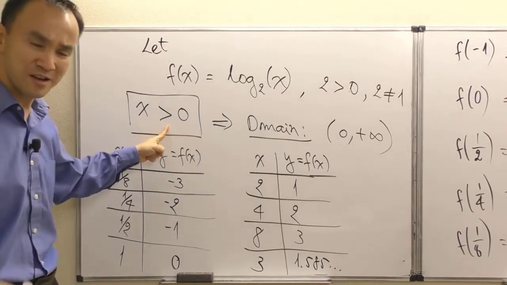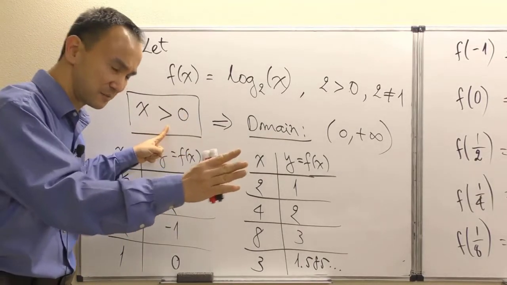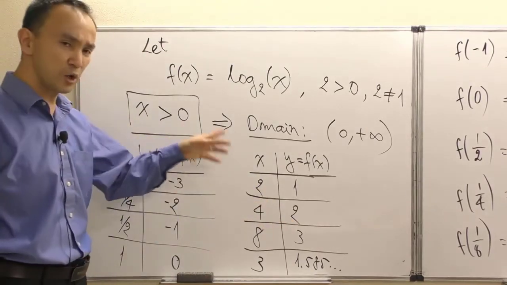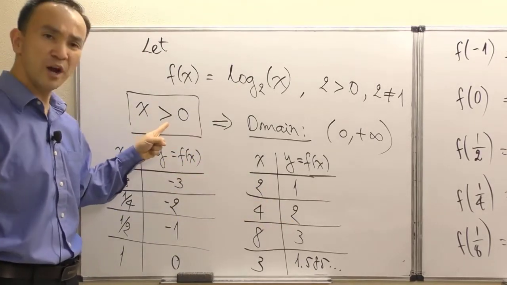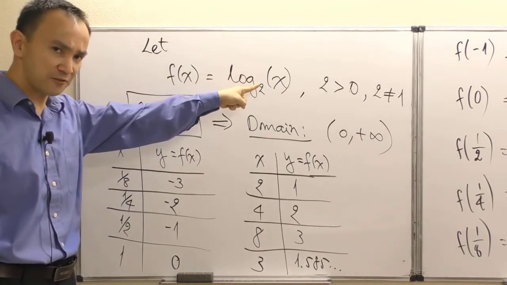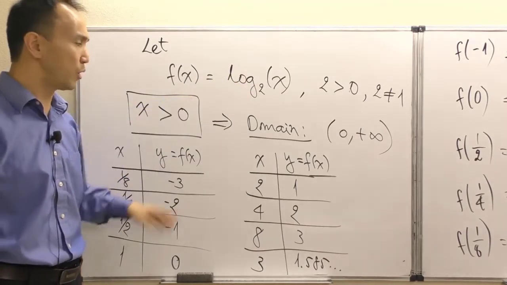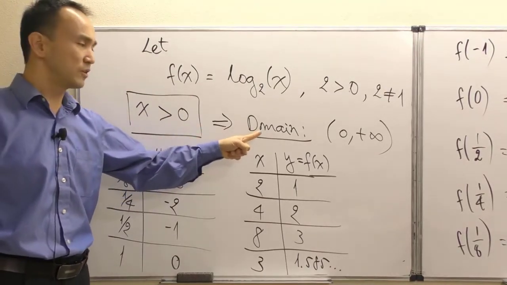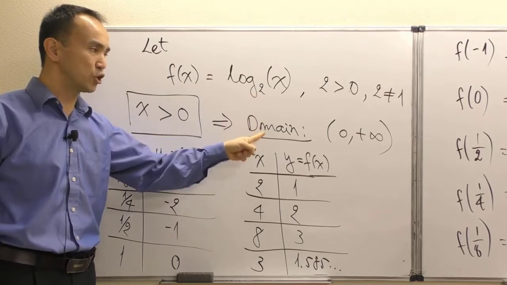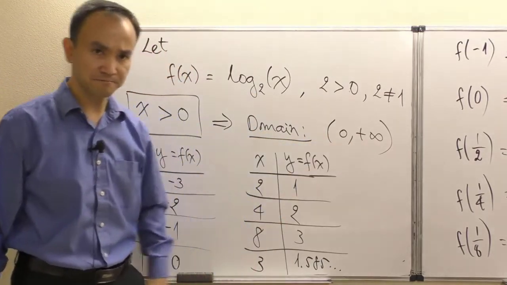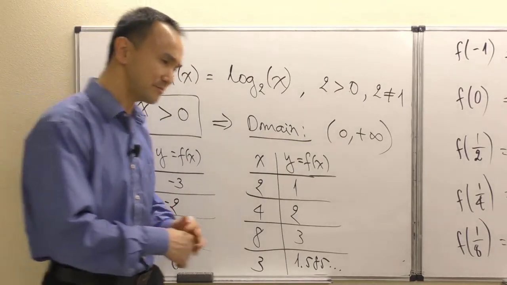For example, I stated clearly before evaluating these inputs that we can only take positive inputs for this function. Consequently, this function has the domain anywhere between 0 and positive infinity. Is that so?